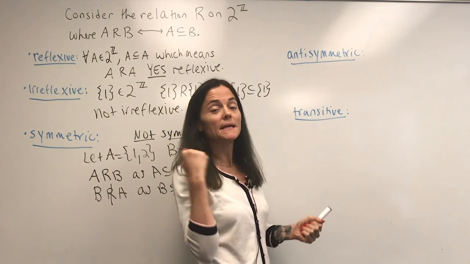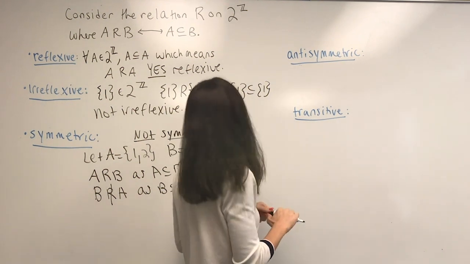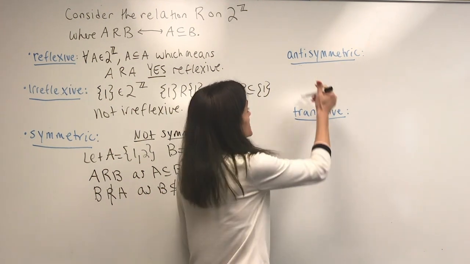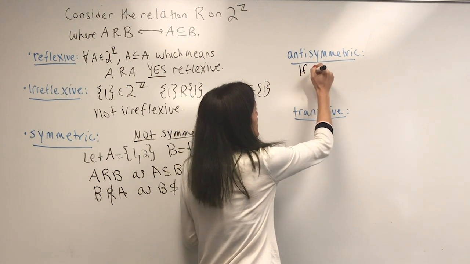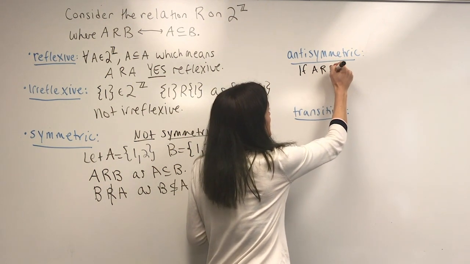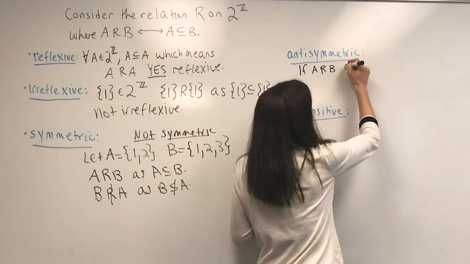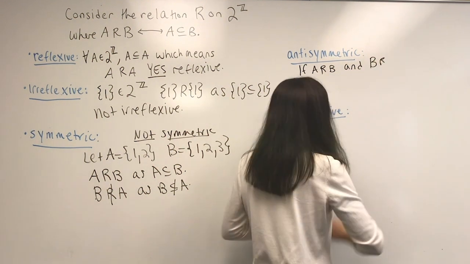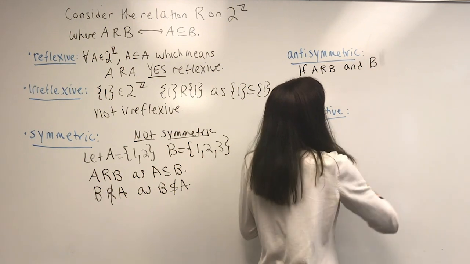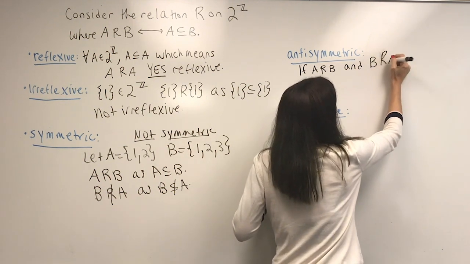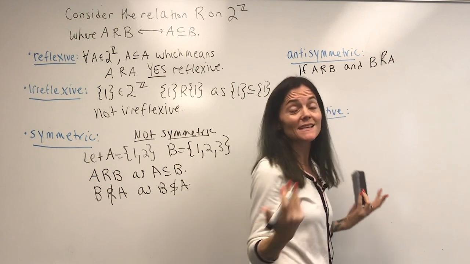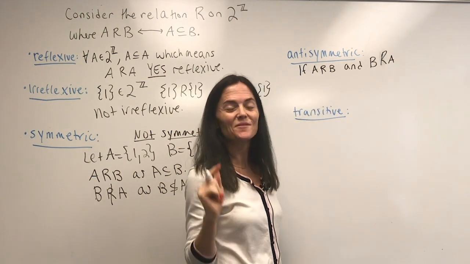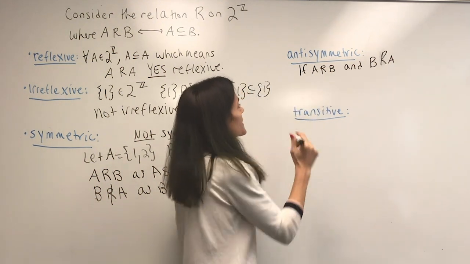Next we have antisymmetric, which is an implication. It says that if A relates to B and B relates to A, then we must conclude that A equals B. And if we can, we have antisymmetric.